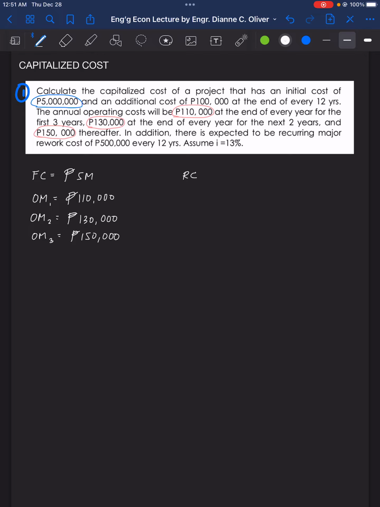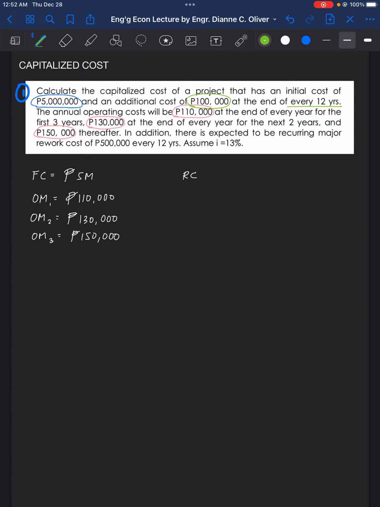Remember that a cost is considered replacement cost if it is the cost at the end of the expiration. So for this project, notice that the 12 years is mentioned here, at the end of every 12 years, meaning there is an expiration at every 12 years.